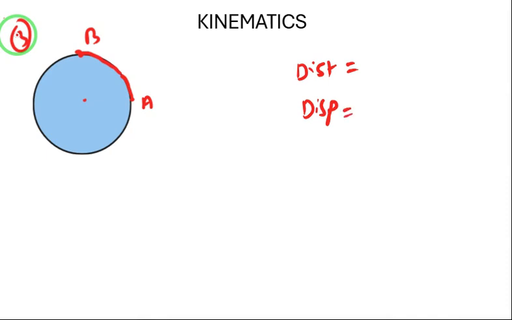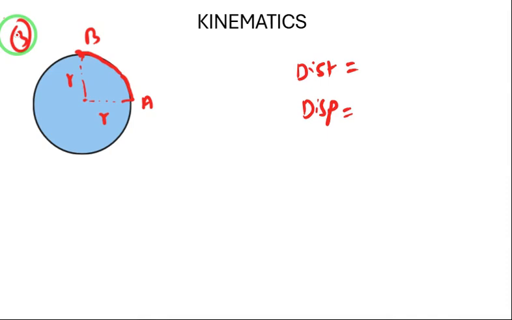What's the distance traveled here? So based on this, what can I write? This is the radius r, and join these two points. You have to calculate the AB. Distance means the total path covered.